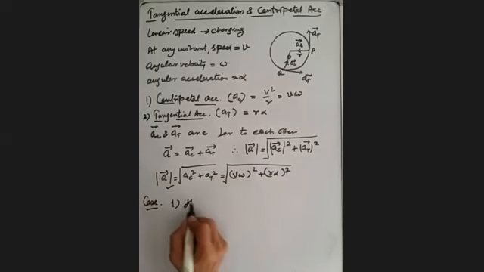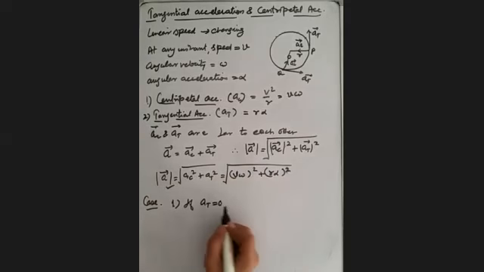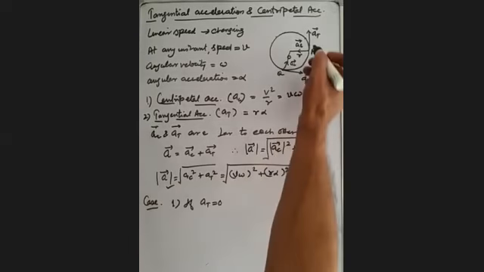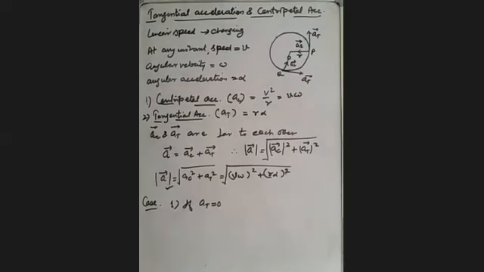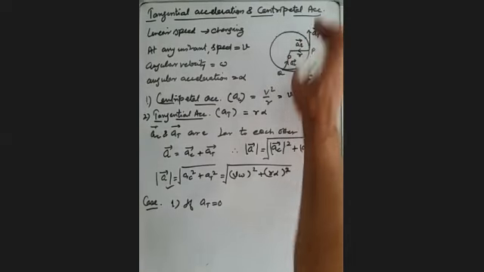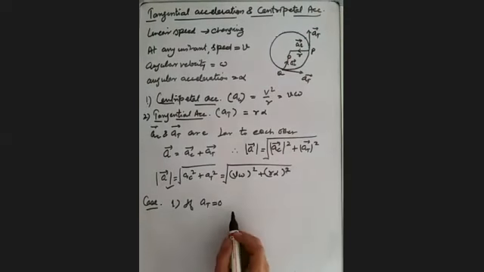If the acceleration along the tangent, that is the tangential acceleration of the particle, is 0, that means the particle is moving on a circular path with uniform speed. When the speed is uniform, tangential acceleration will be 0.